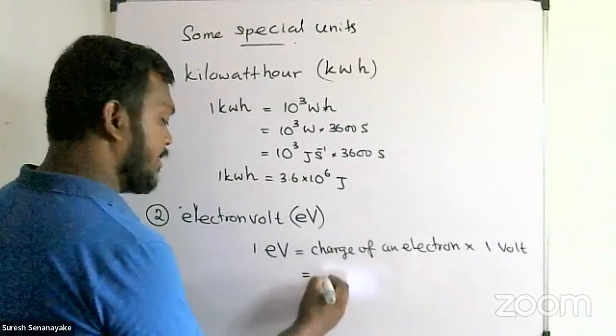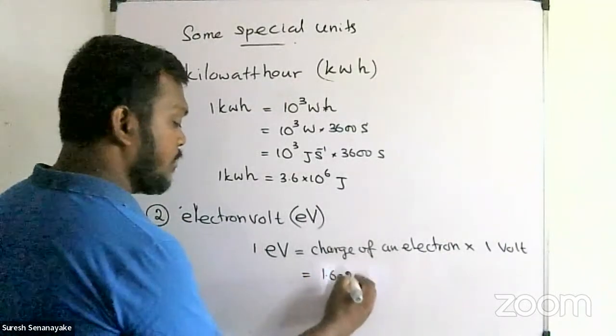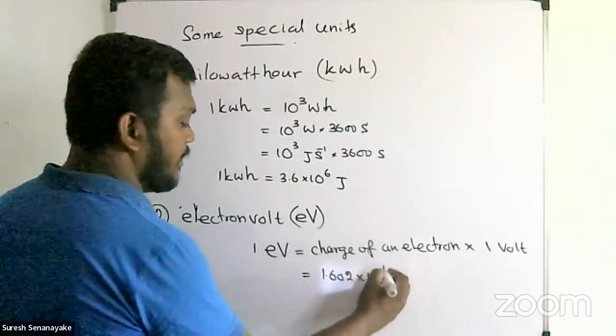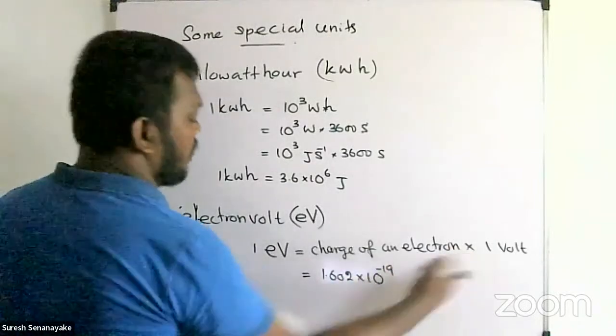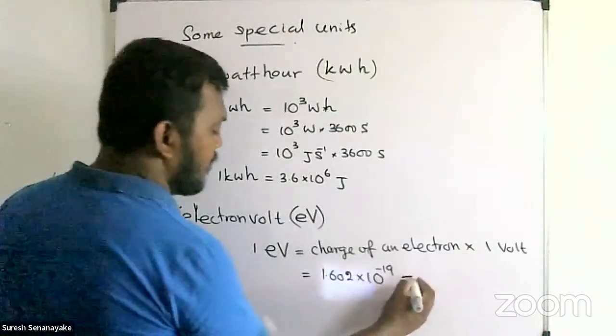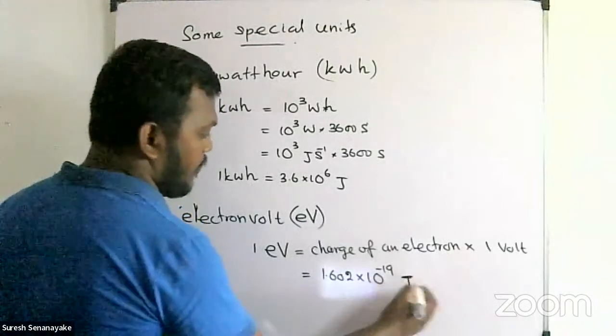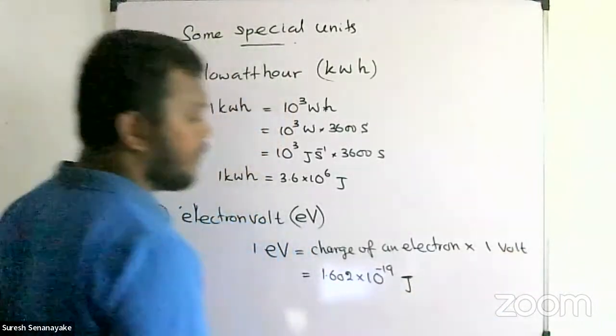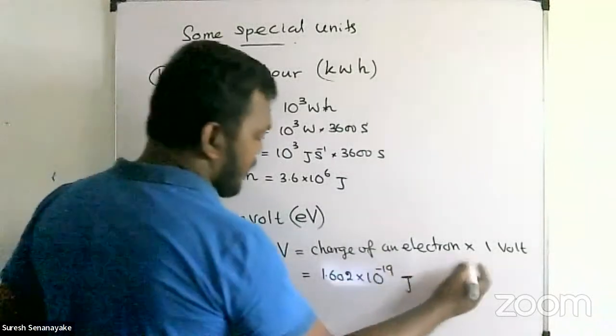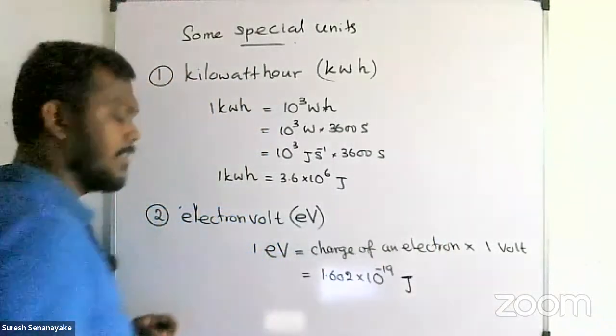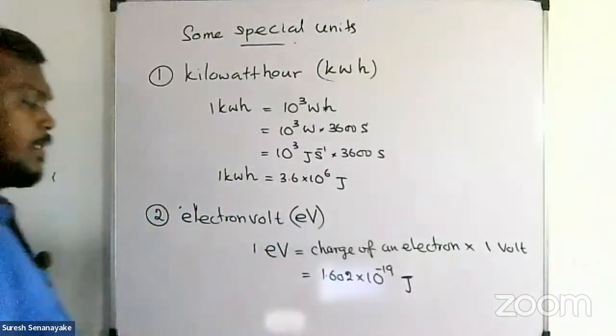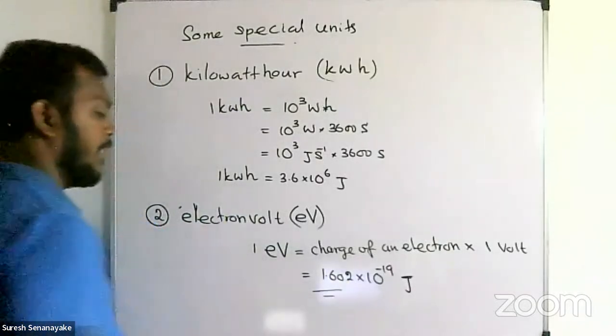The charge of an electron is 1.602 into 10 to the minus 19, and 1 volt is also 1, so we multiply. It converts to joule because volt is joule per coulomb, and the electron charge is measured in coulomb. Coulomb cancels, then joule remains. So this is the 1 electron volt energy.